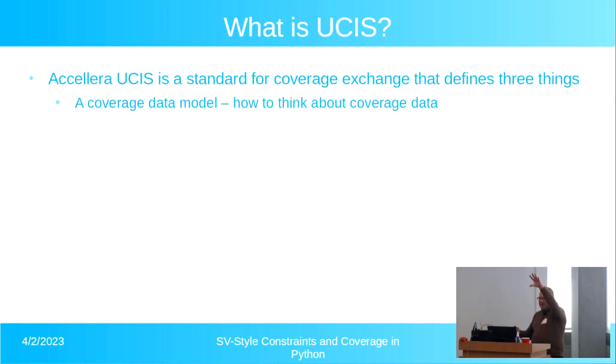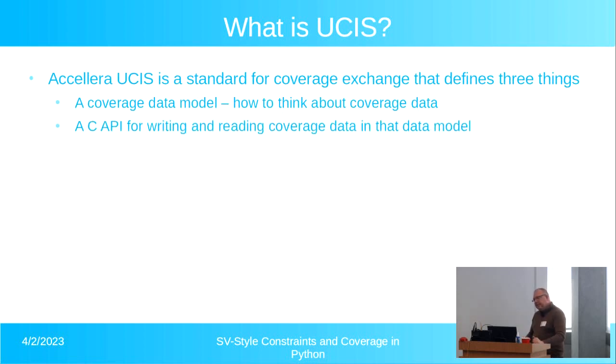How are tests related to regressions? It's a fair amount of work in defining your thought model about coverage and regression data. They defined a C API that defines how you get data into and out of that conceptual model of coverage. They even defined an XML schema for flattening some of that data out and interchanging it with other tools.